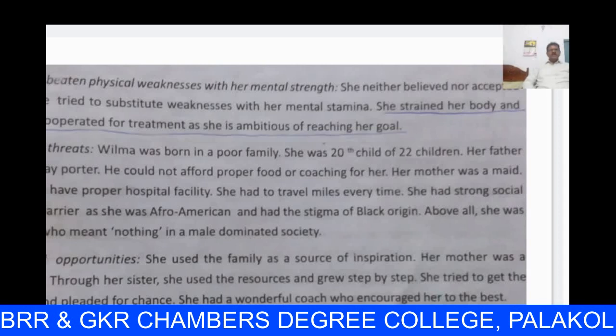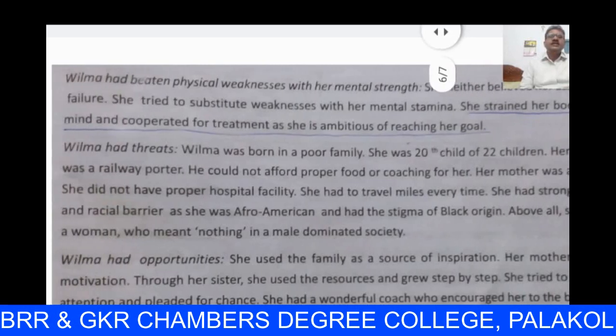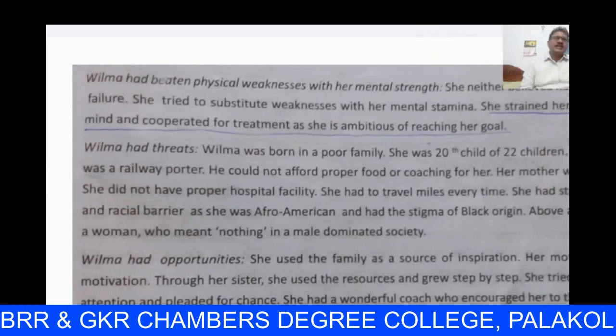She had beaten her weaknesses with her strengths. Let us see, Wilma had threats. Already we saw her weakness, her strength, and how she overcame that weakness by her mental strength. And now the third point is threats.